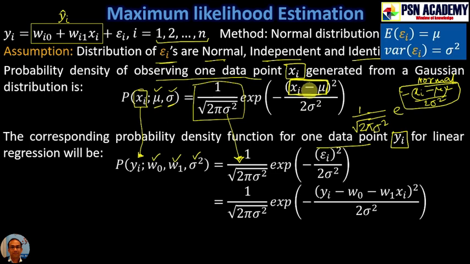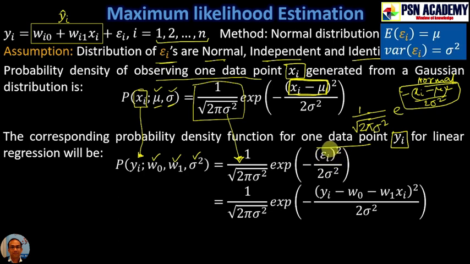It was xi minus mu. That means you are taking deviation of those data points from mean and you are squaring those. Here you have to square the epsilon because epsilon is your deviation. Your target is to minimize the epsilon. That is why we have written epsilon i squared. Clear?